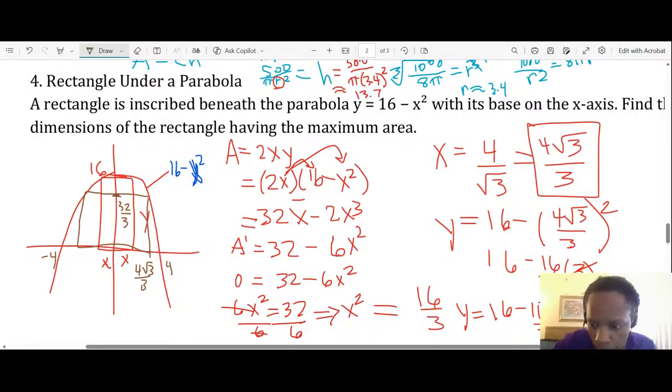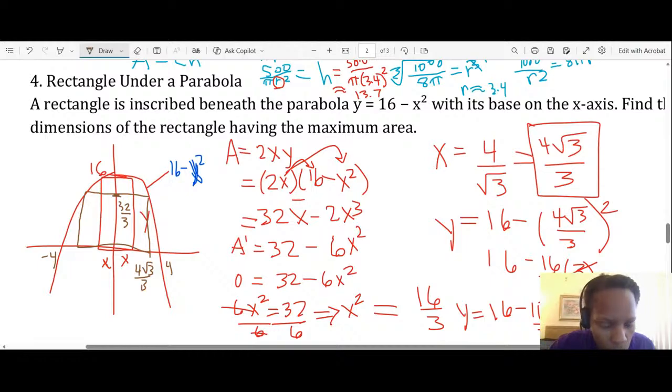So y for number 9 is about 10.7. X is about, what could I say about it? I don't want to say that.